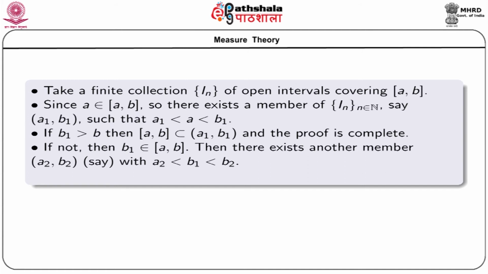If not, then b1 should be less or equal to b, but then b1 is a member of closed interval a b, and consequently, since I n covers closed interval a b, there must exist another member, say open interval a2 b2, from this collection, which contains the number b1, that is a2 is less than b1 is less than b2.